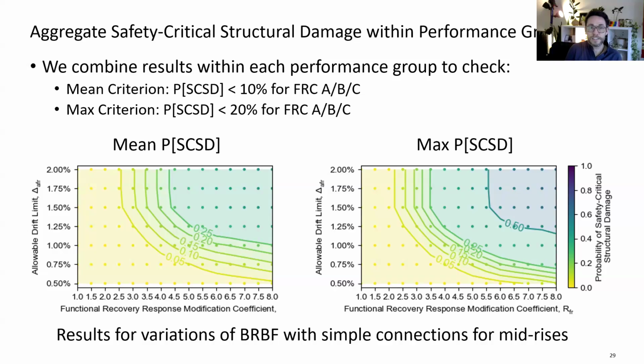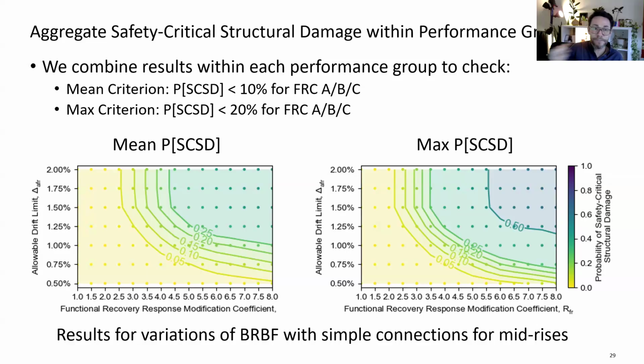So the figure on the left shows the results now averaged across the BRBF performance group for mid-rises using simple connections. So every dot in the left plot is actually the average across the 6, 8, and 10-story chevron configuration and diagonal configuration, because that's all part of the same performance group, with both 2 and 4 braced bays per principal direction.